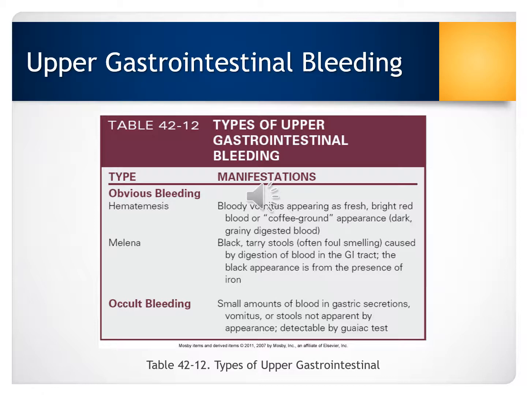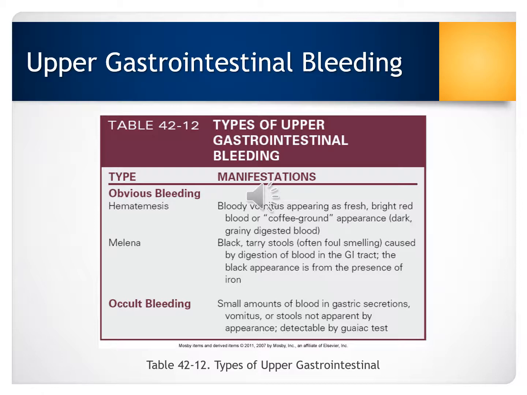Bleeding from an arterial source is profuse and the blood is bright red. This is typically because it has not been in contact with the gastric hydrochloric acid. Coffee ground emesis indicates that the blood has been in the stomach for some time. Melena, or black tarry stools, indicates a slow bleed from the upper GI source.